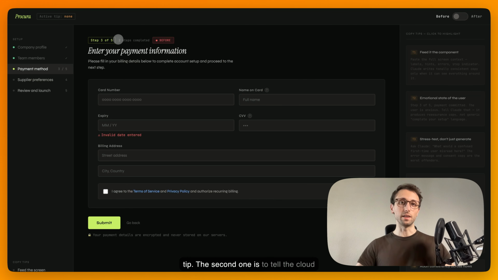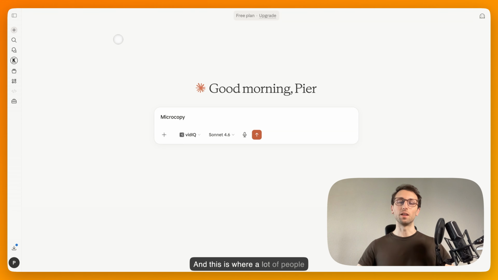The second one is to tell Claude about the emotional state of the user, and this is where a lot of people actually miss the point when it comes to microcopy, because they just think the microcopy is going to be a descriptive element, but there is the logical part, and then there's also the emotional side of things when it comes to UX.